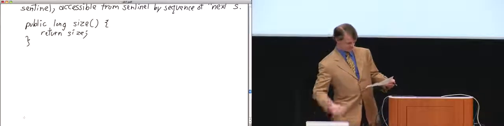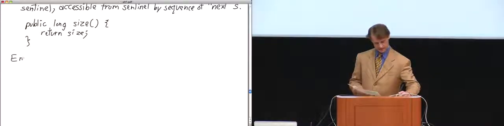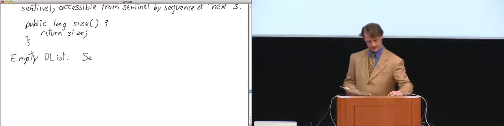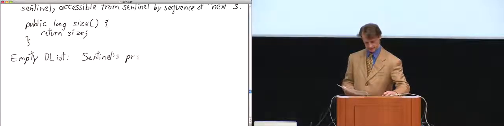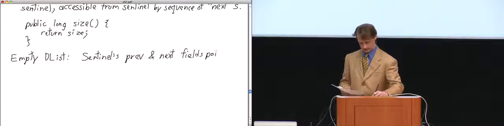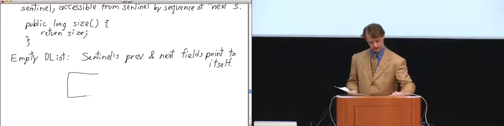With this format, people always get confused about how you would represent an empty dlist. And the answer is that in an empty dlist, the sentinel's next and prev fields point to itself. In other words, an empty dlist looks like this.